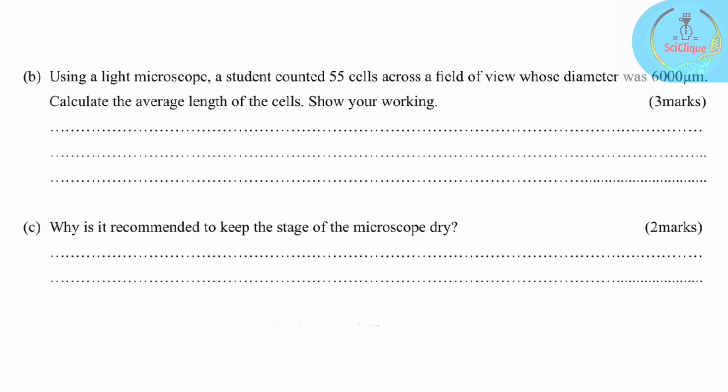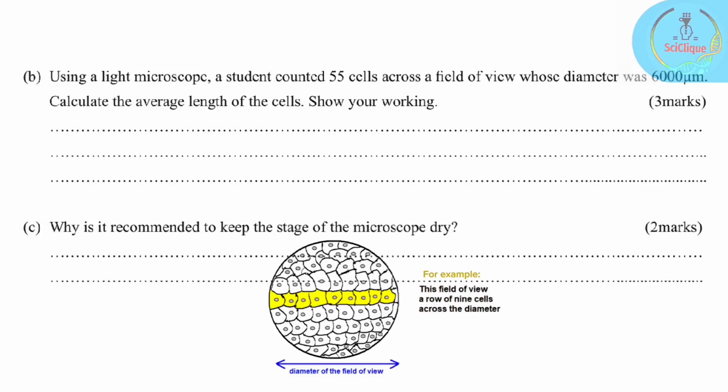Part B. Using a light microscope, a student counted 55 cells across a field of view whose diameter was 6,000 micrometers. Calculate the average length of the cells and show your working. Okay, now let me represent this information using a diagram. So we have that circle. I want you to imagine that circle as the field of view. Now, whenever you look through the eyepiece, you see this circle, that is your field of view.